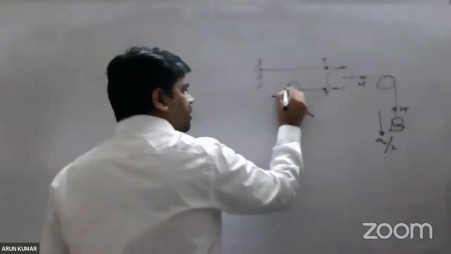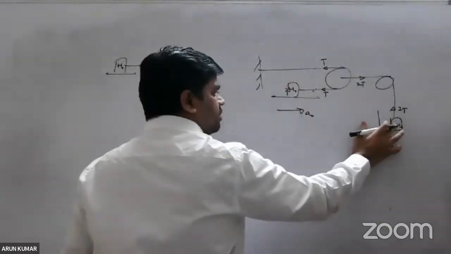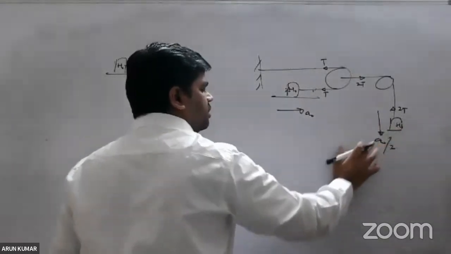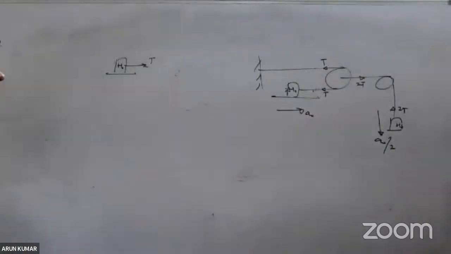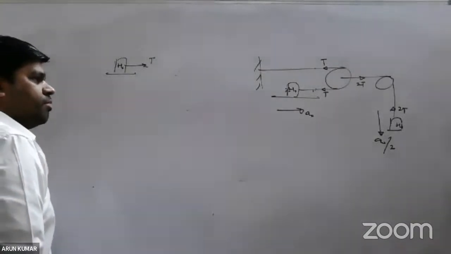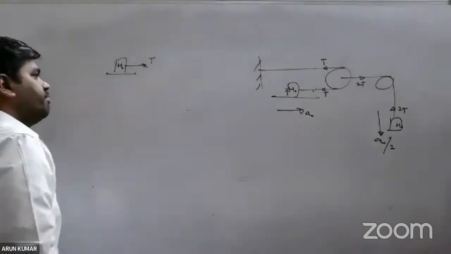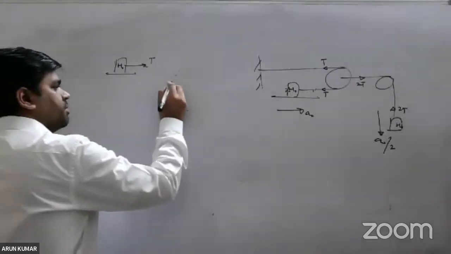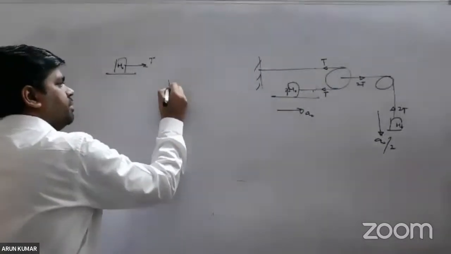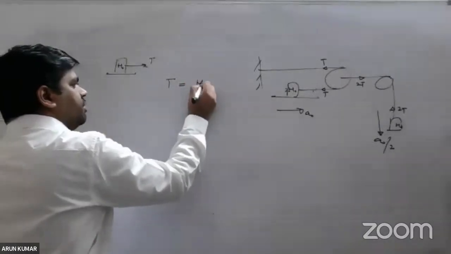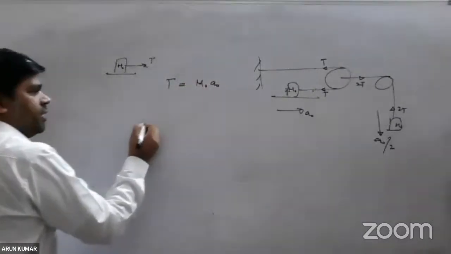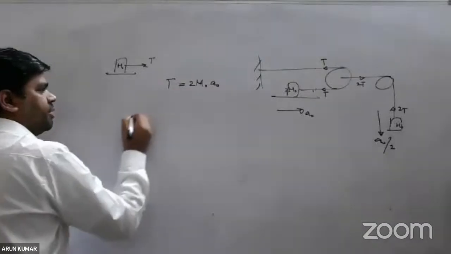Or let's say this is 2 M naught and this is M naught. Please revise, students. T is equal to 2 M naught into A naught for the upper block.